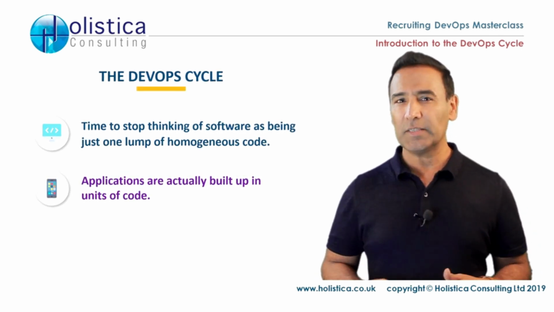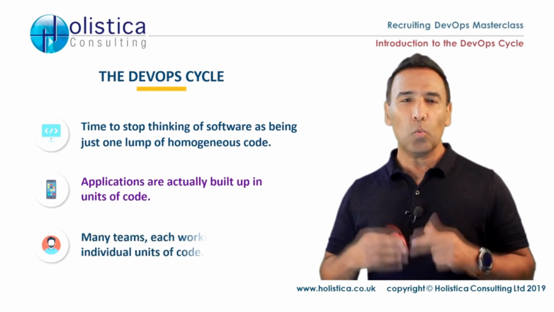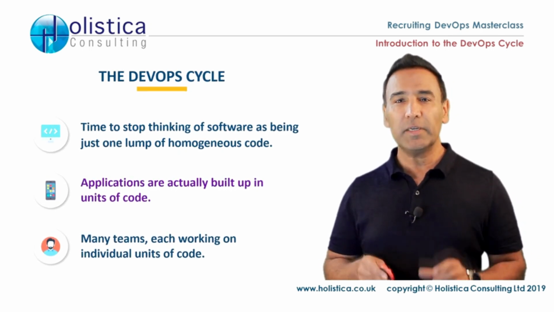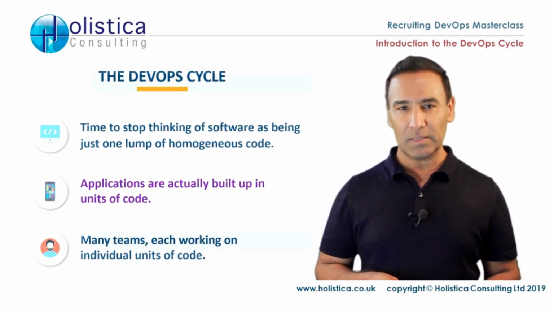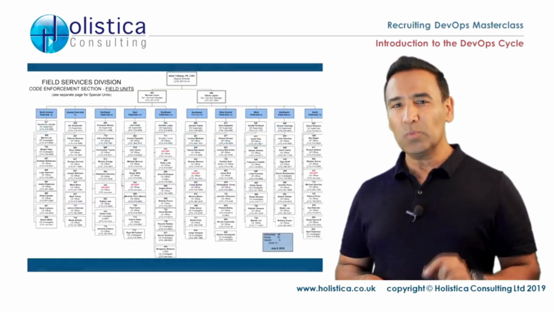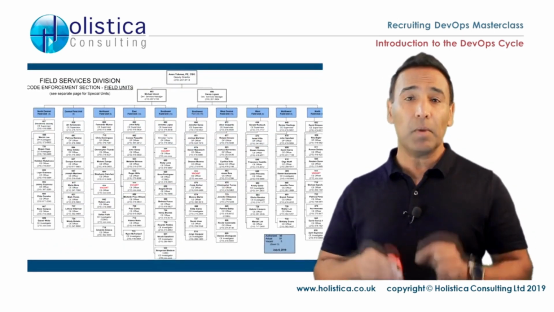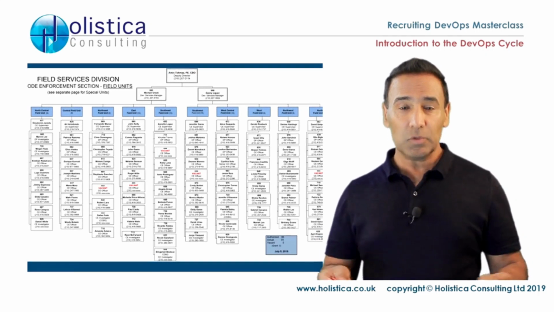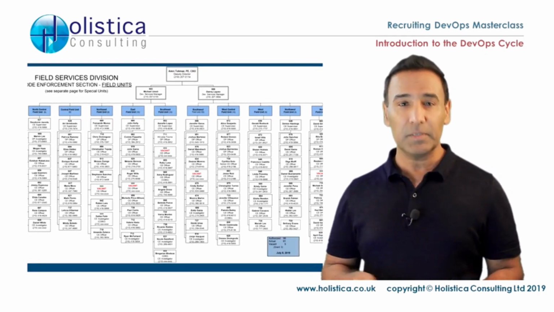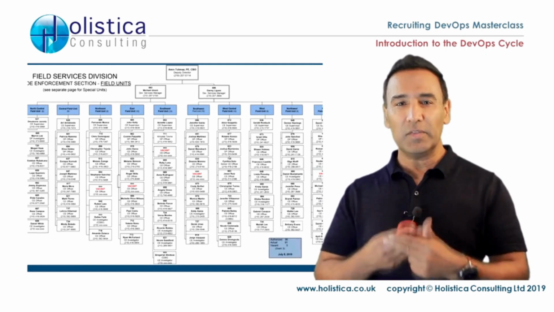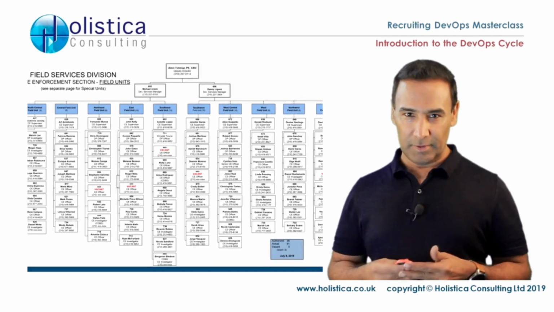So large enterprise applications like these are not one large mass of code, they're actually an assembly of smaller code pieces. And each of these smaller units of code is created by development teams or individual developers, and they will then bring these units of code to work together.